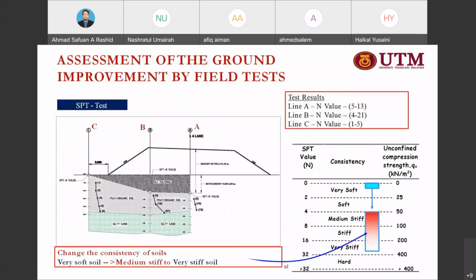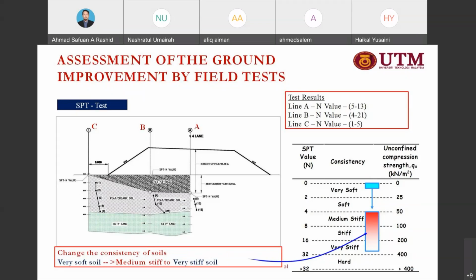Assessment of the ground improvement by field test. This is where we do a ground treatment. We may check the increment of the soil, the change in consistency of the soil from very soft, medium, stiff to very stiff.